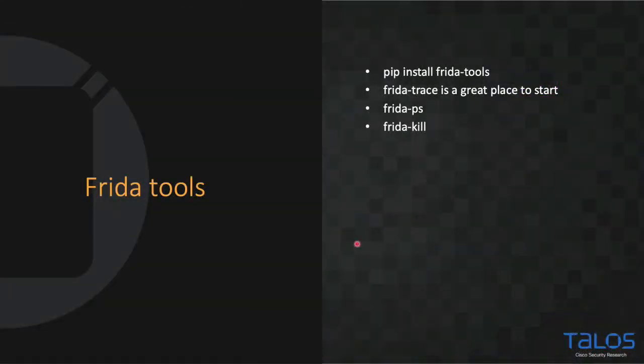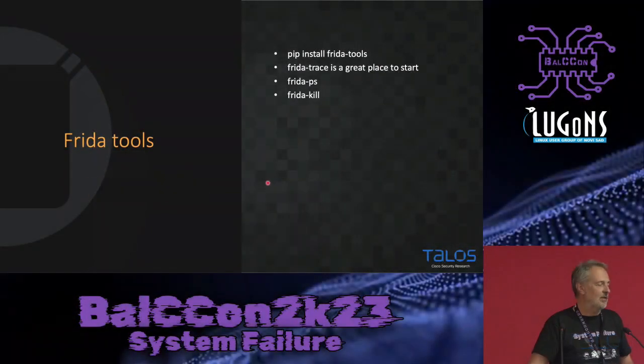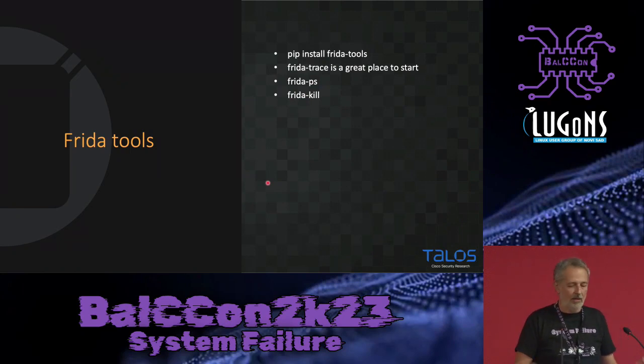When you install Frida, it's not just Frida itself, but also a number of other Frida command line tools. Frida-trace is a great place to start. It allows you to instrument both native API calls or functions, but also Java functions on Android. For example, if I'm interested in unpacking files, I know that a malware may drop some file to the disk, load it into memory, then delete the file from the disk.